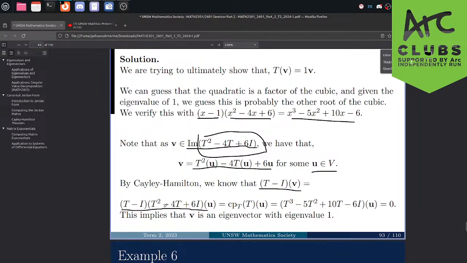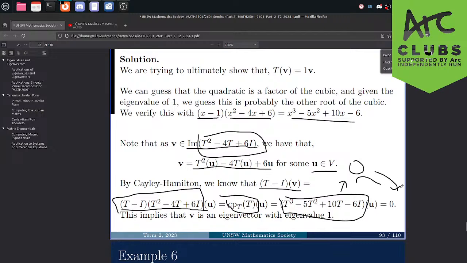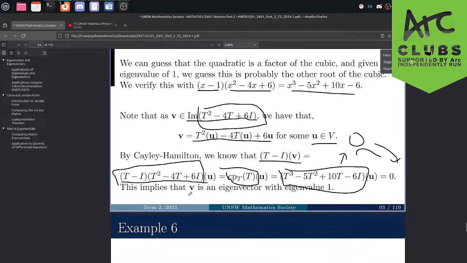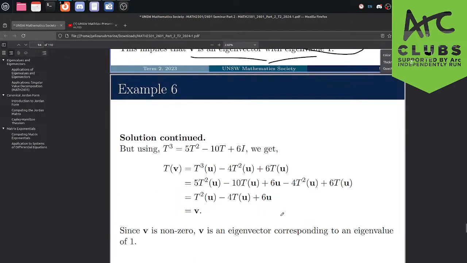Recall the associative property of matrices, you can group these together. And this becomes the characteristic polynomial, and whoop-de-doo, you can use Cayley-Hamilton, because this is your cubic, this is your characteristic polynomial, this is always 0. This is always going to be the zero map, so this whole thing is going to give you the zero vector. And this means that v is an eigenvector with eigenvalue 1. Cool.